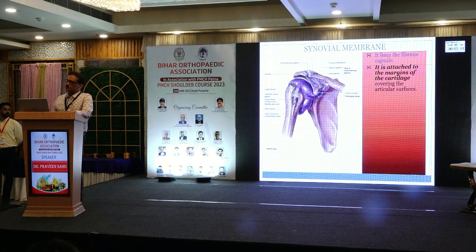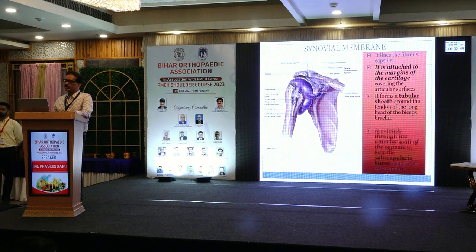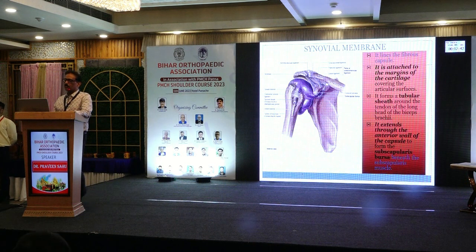It is attached to the margins of the cartilage covering the articular surface. It forms a tubular sheath along the tendon of the long head of the biceps brachii, and it extends through the anterior wall of the capsule to form the subscapularis bursa also.